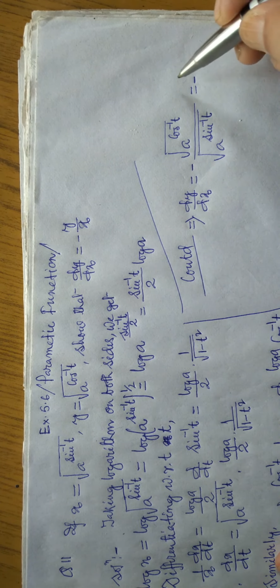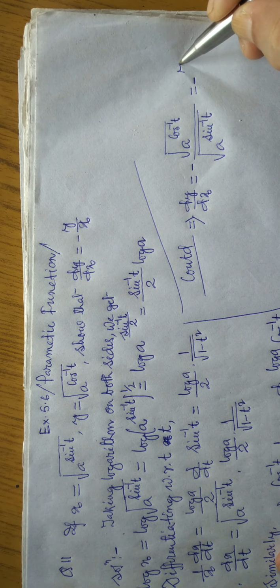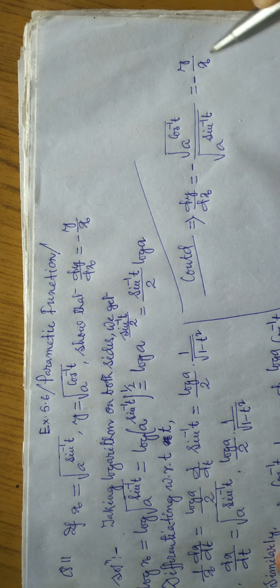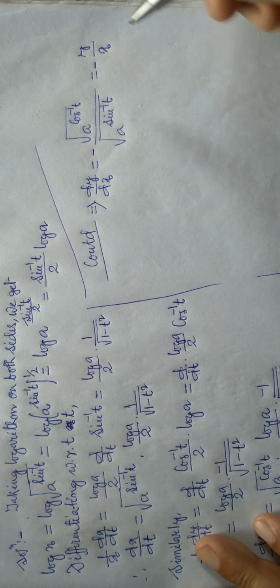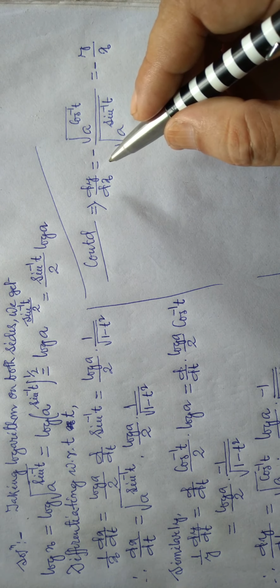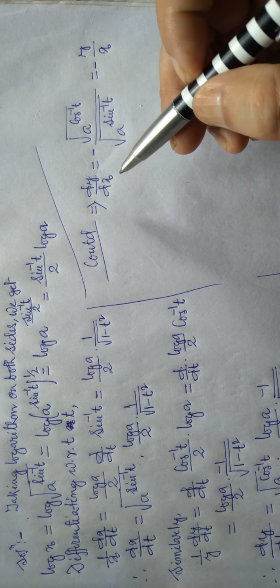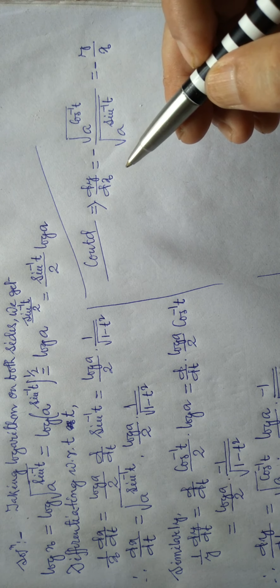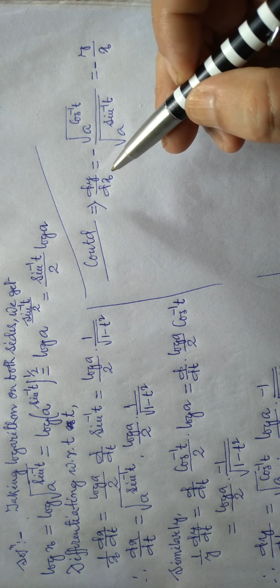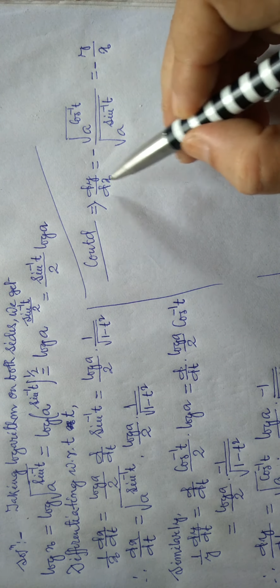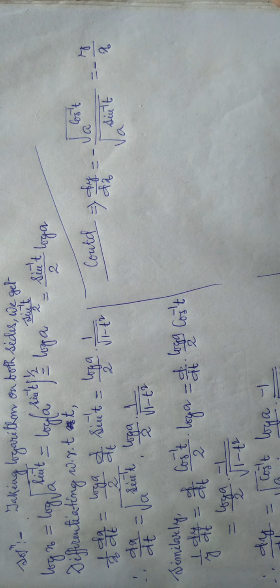So the numerator can be replaced by y and the denominator can be replaced by x. This is what we are going to prove in finding the differentiation of y with respect to x. So finally, dy by dx is equal to minus y by x, right?